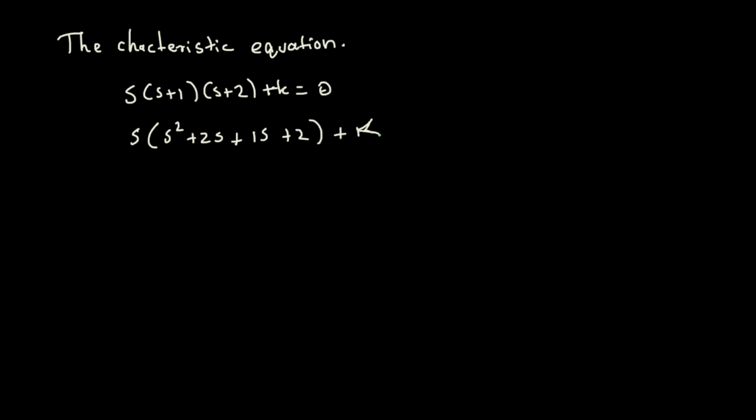After we expand this, we can multiply with this s. In that way, this becomes s cubed plus 2s square plus s square plus 2s. We can combine these, so that's going to be s cubed plus 3s square plus 2s plus k, that's equal to 0.